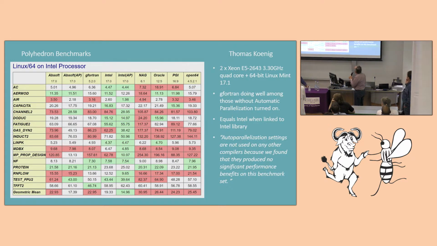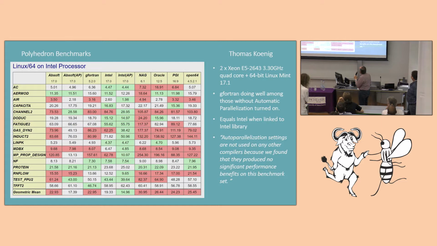Now, what is interesting, and we've been aware of this for quite a long time, was one or two of the test cases in this suite where there's a very substantial disparity between Gfortran's performance and that of Intel. So, for example, if you look at MP prop design, you'll see there's nearly a factor of 3 difference in execution there. This more or less disappears if we link to the Intel library.